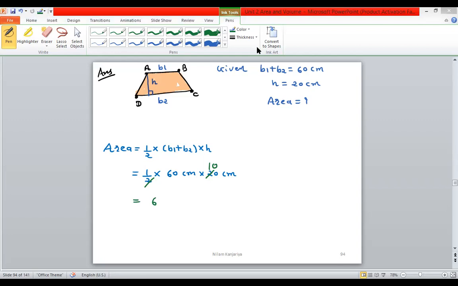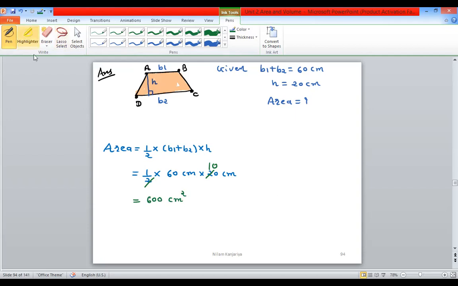Centimeter into centimeter, it's a centimeter square.